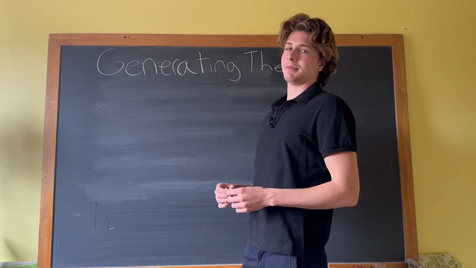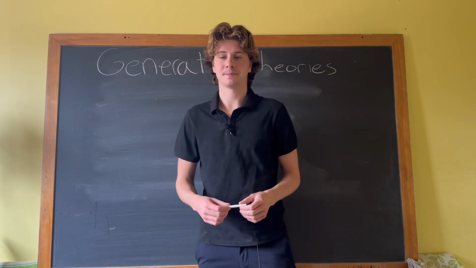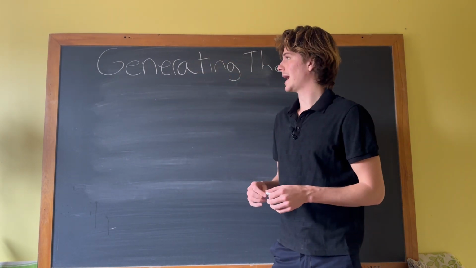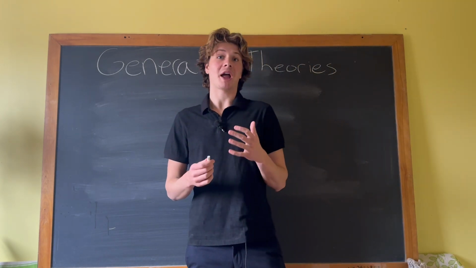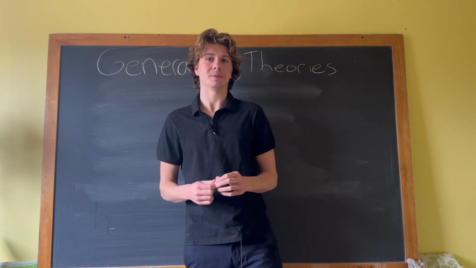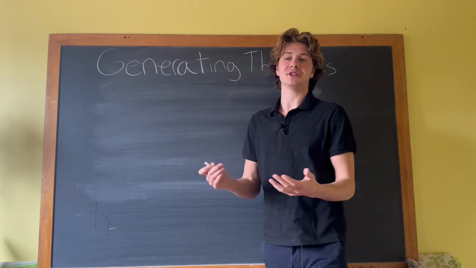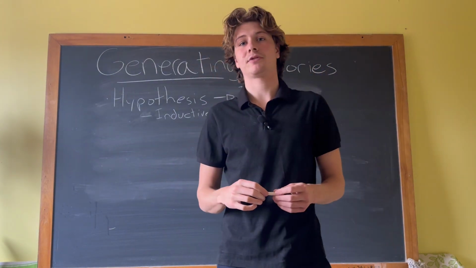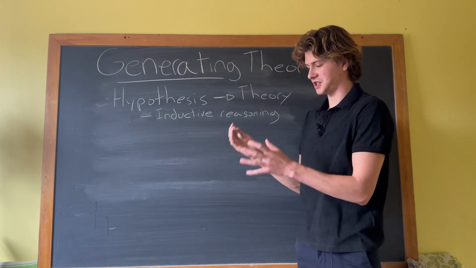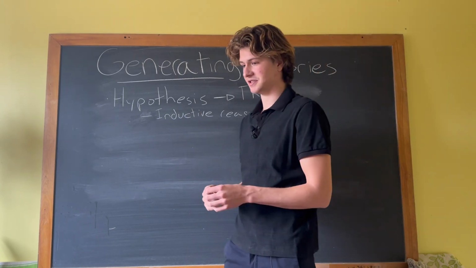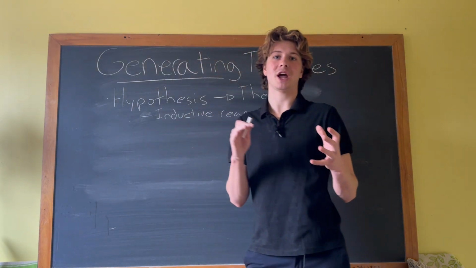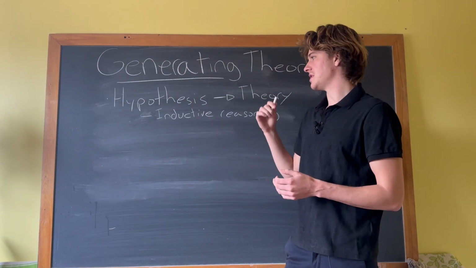Okay, let's talk quickly about generation of theories. So we mentioned earlier that we go from a hypothesis to a theory, usually. And this is what would be called inductive reasoning. So essentially, inductive reasoning goes from a very specific premise, the hypothesis in this case, to a more general conclusion, which would be the theory.